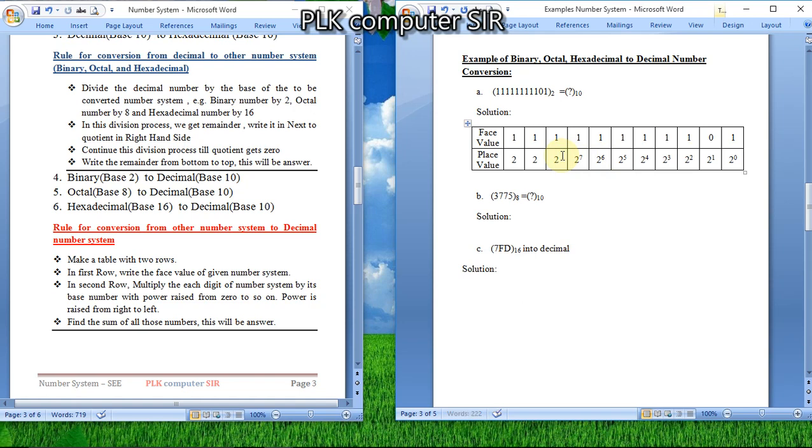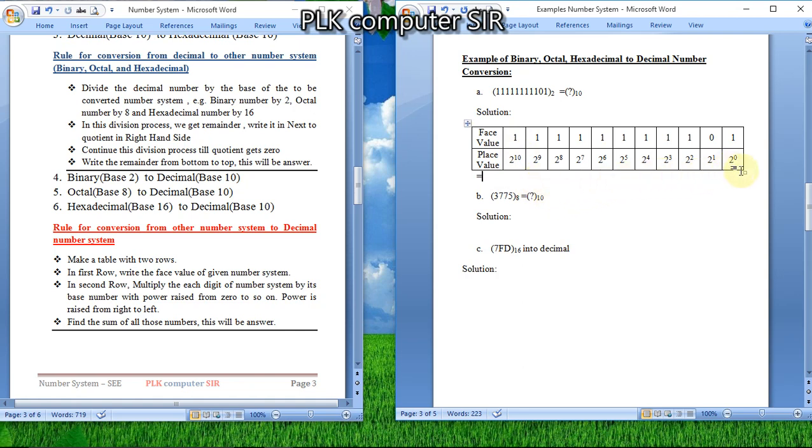How many digits are here? Now 8, 9, it is 10. Now we have to write equal to. For the second column, find the sum of those numbers, and this will be the answer.